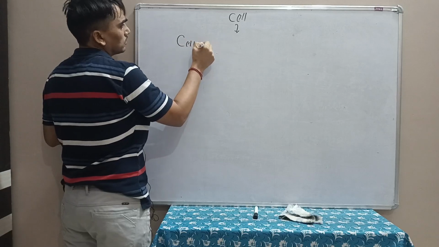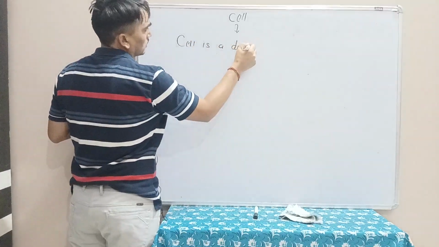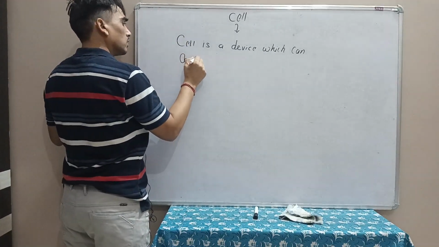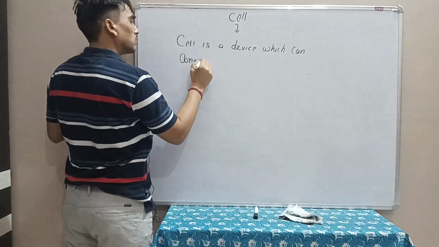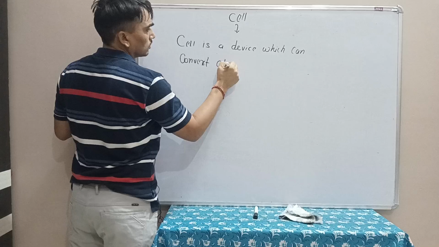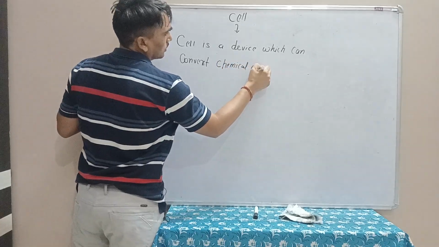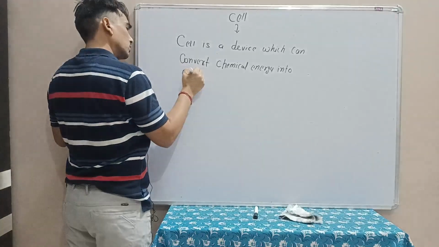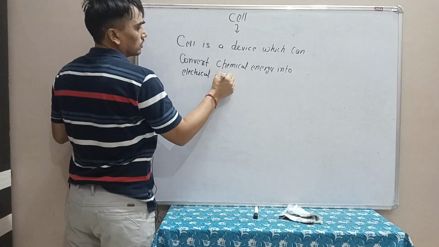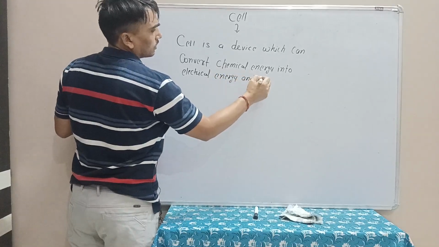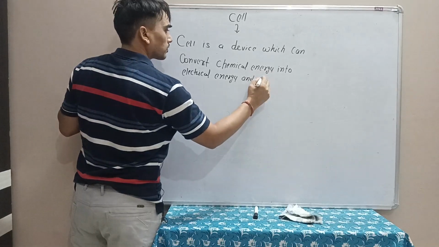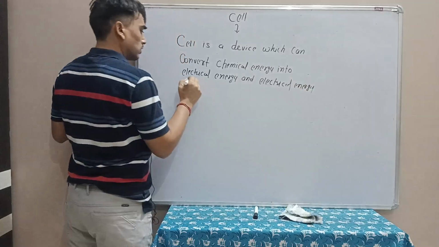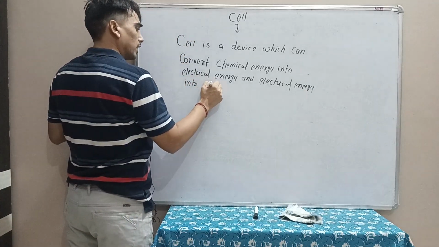A cell is a device which can convert chemical energy into electrical energy and vice versa, electrical energy into chemical energy.